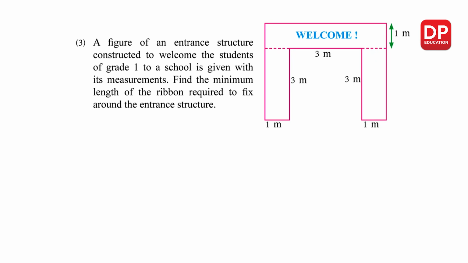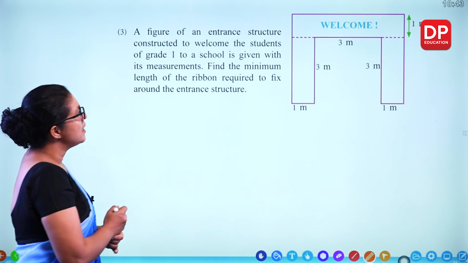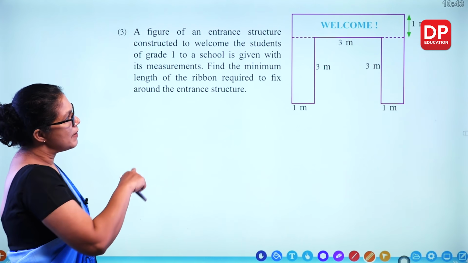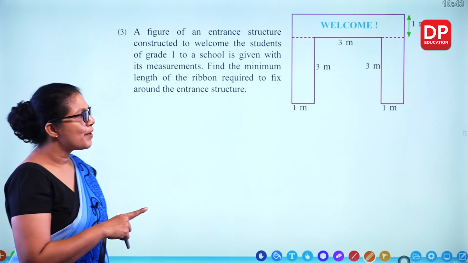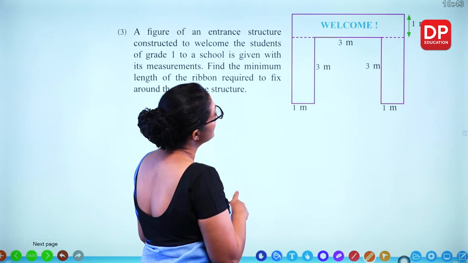Look at this one. A figure of an entrance structure constructed to welcome the students of grade 1 to a school is given with its measurements. Find the minimum length of the ribbon required to fix around the entrance structure. So basically that means perimeter of this figure. Look at carefully.